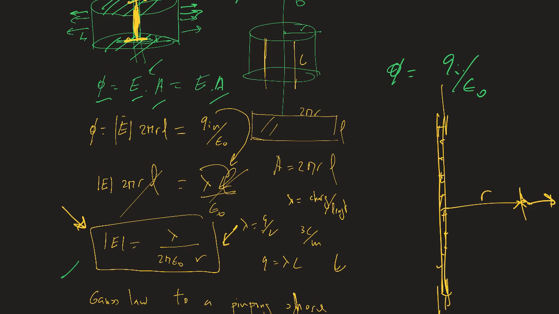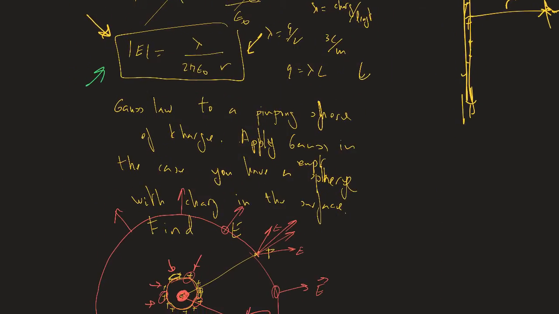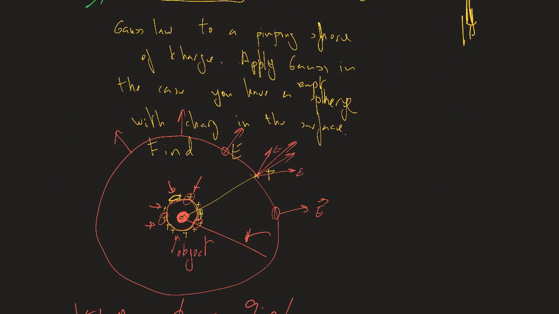magnitude. So the other thing that I did here was Gauss' law for a ping pong ball, a ping pong ball that is full of charge. Let's calculate Gauss' law for a ping pong sphere. So the sphere is empty, it's hollow inside. There is nothing inside.